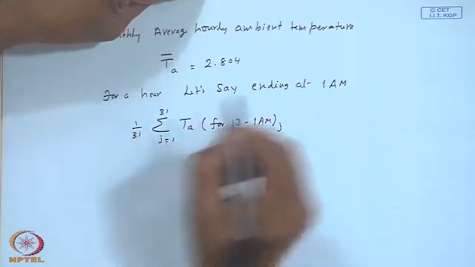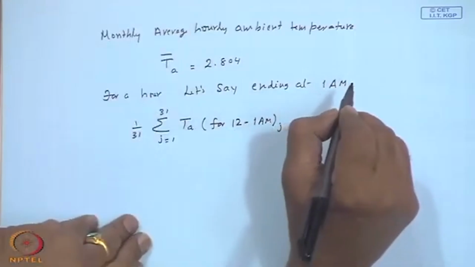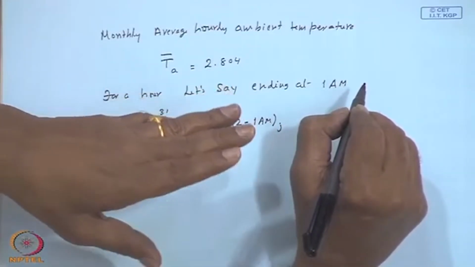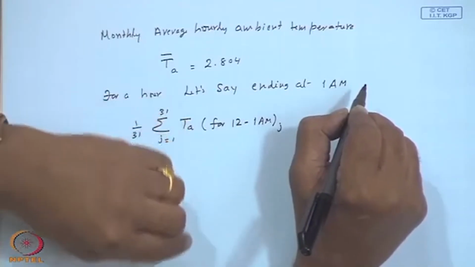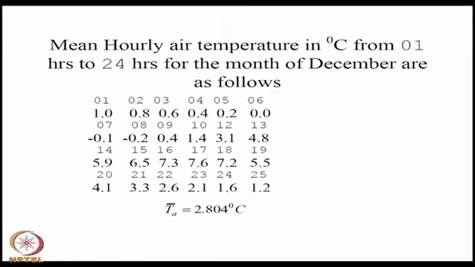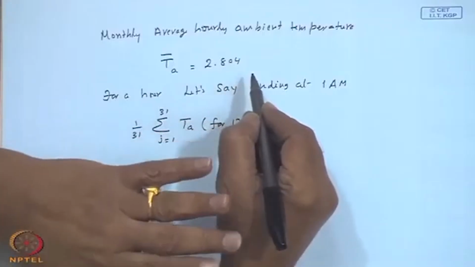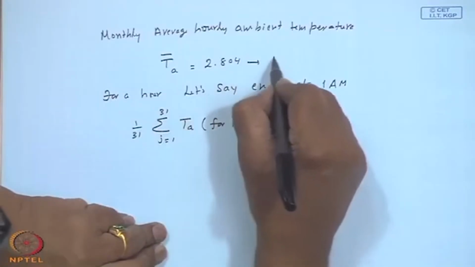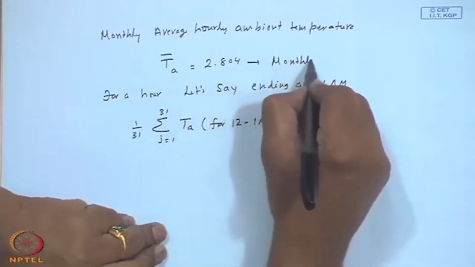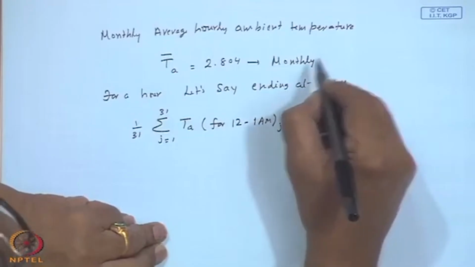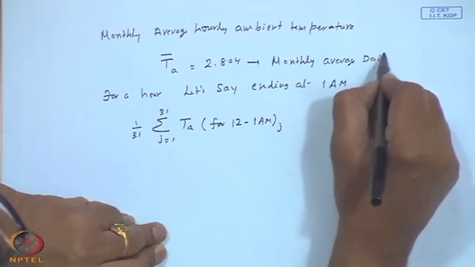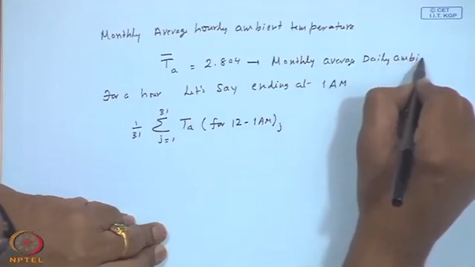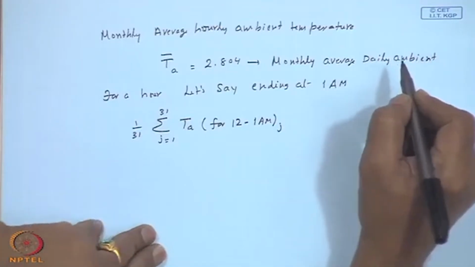So, you pick up a particular hour and take the data for all the 30 or 31 days in that month and divide it, that becomes the monthly average hourly temperature. So, you have got 24 values for the 24 hours. If I average all those, this should be the monthly average daily temperature. That is how you can compile, from the data available on the website, the monthly average daily ambient temperature. There is a purpose, I really do not need it.